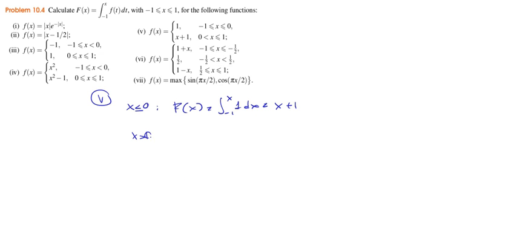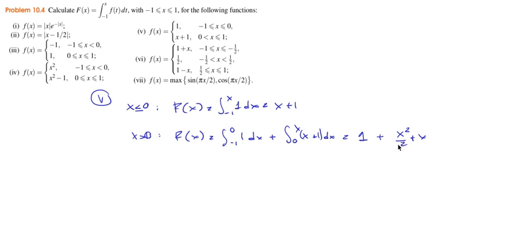If x is greater than 0, we have that f is this integral evaluated at 0 plus the integral between 0 and x of x plus 1 dx. Now this is going to be 1, which is the width of the interval, and then this is going to be, let's say, x squared over 2 plus x between x and 0, so this is this.